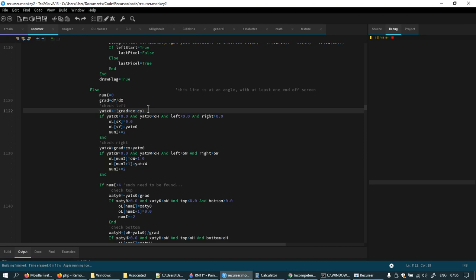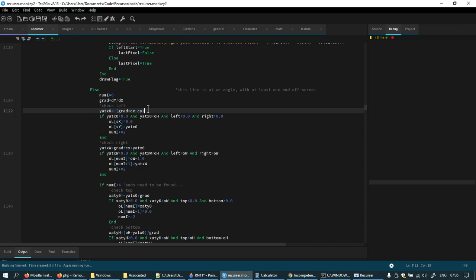Now, but my understanding is that that should still mean y at x0 is that. That is the c value, isn't it? Y equals mx plus c. But in this case here, I'm figuring out c.